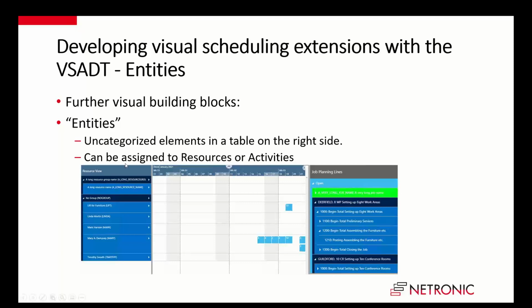So additionally to the left side, we have a table section on the right side, but inside of this table we don't show resources or activities, but a more versatile or uncategorized element, and we named it entity. And you can put here whatever you want as an object, or whatever you want to plan in your planning board.